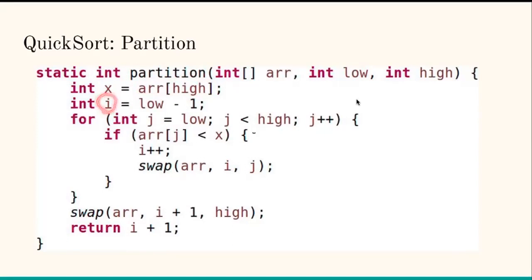It has I that starts from the lower index, like a pointer, and it loops from the beginning of the array to the end, and compares all the elements with the pivot. If that element is less than the pivot, we perform some swapping. And at the end, we need to return the position of that pivot.